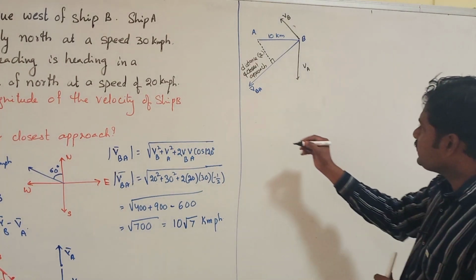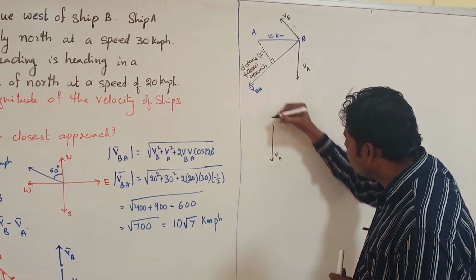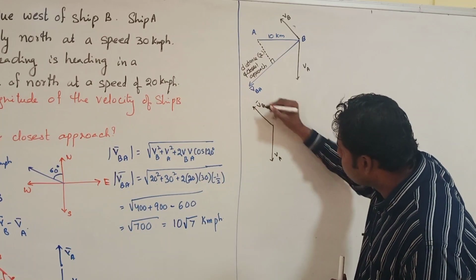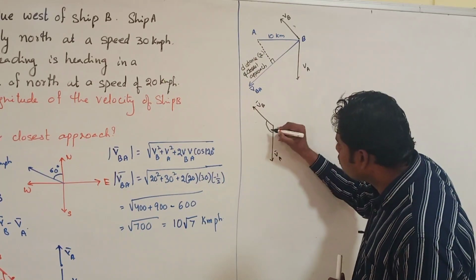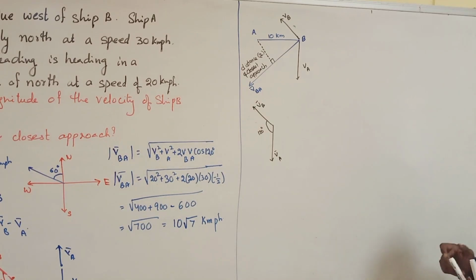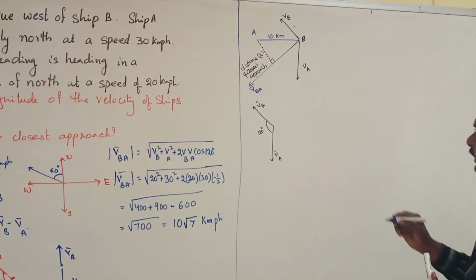See, again I am extracting the relation: VA, VB, 120 degrees. I am just rotating, so we need to find some xy components.